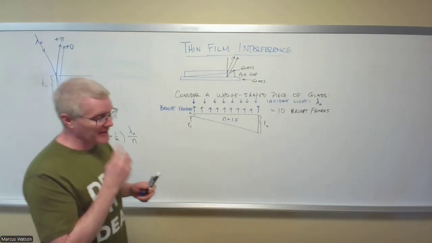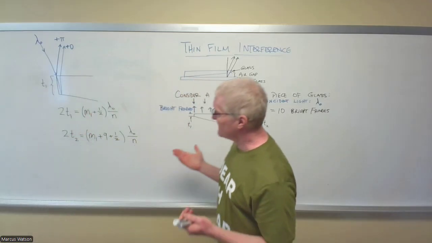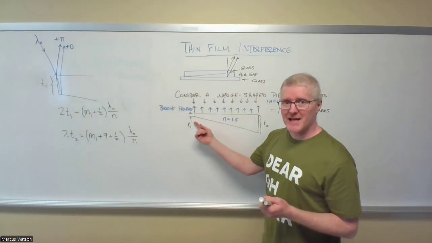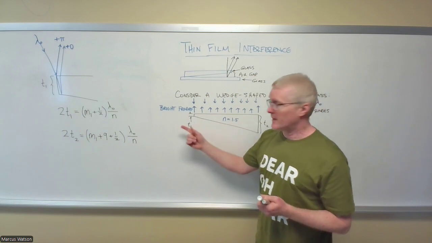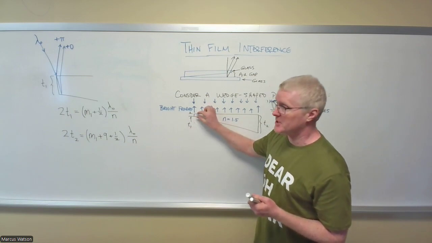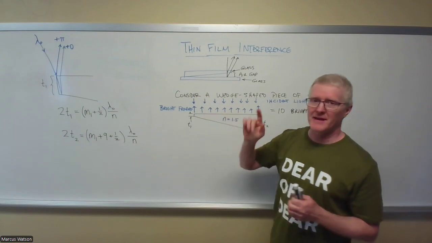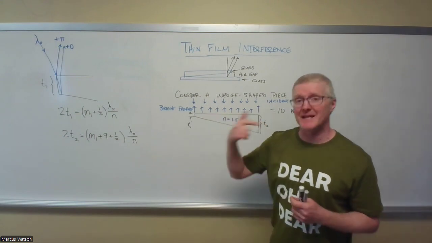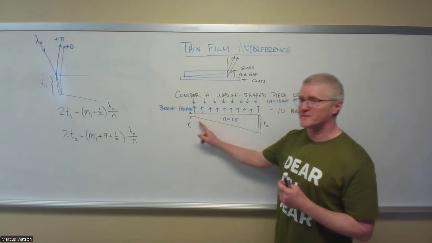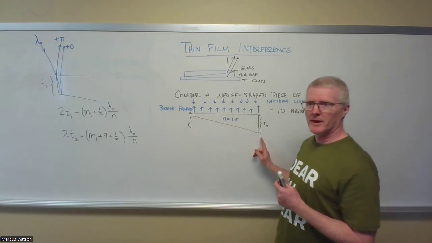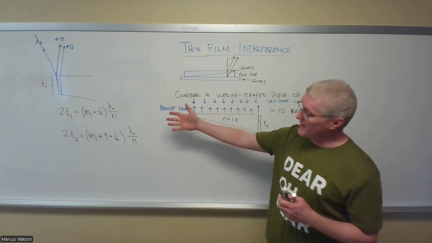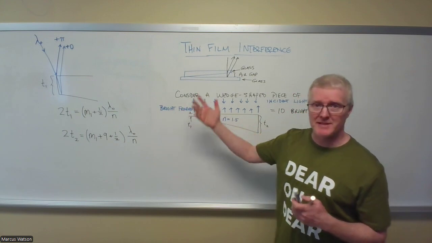Now I can find the difference in sizes between the thicknesses. I can't find how thick the material is, but I can find out how much the thickness changes as you go from T1 to T2. So let's suppose that I'm going to find T2 minus T1.